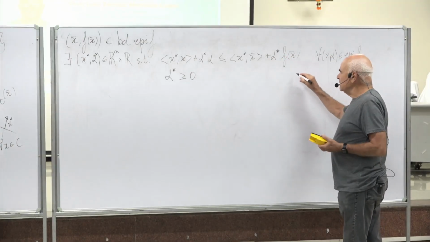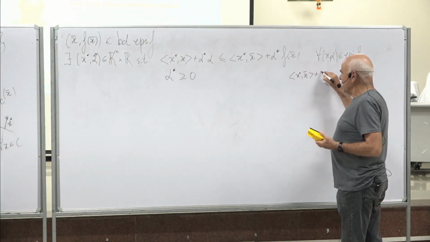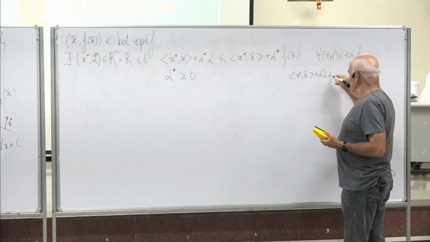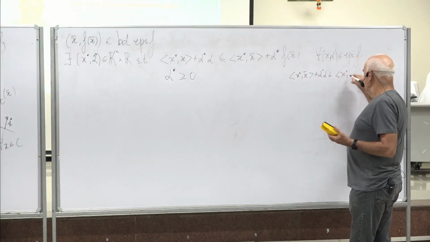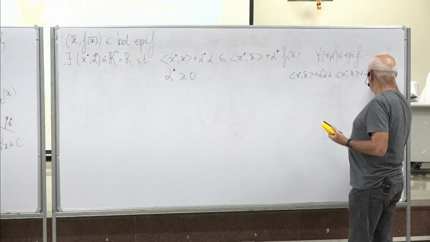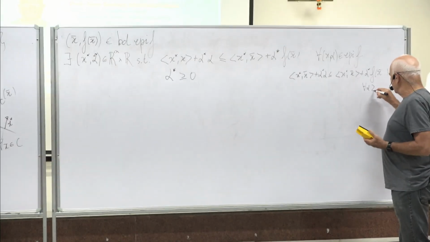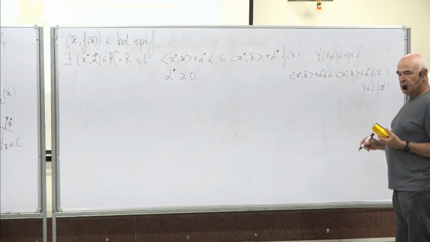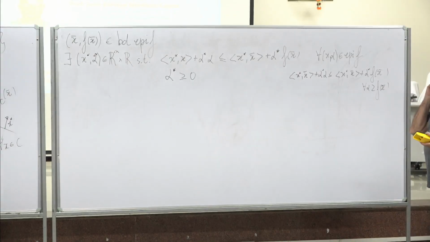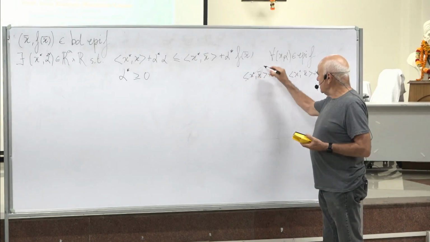I'm going to write it. So x star x bar plus alpha star alpha is less than or equal to x star x bar plus alpha star f of x bar. This is a particular case for every alpha greater than or equal to f of x bar, meaning x bar alpha belongs to the epigraph. Okay? This cancels out.